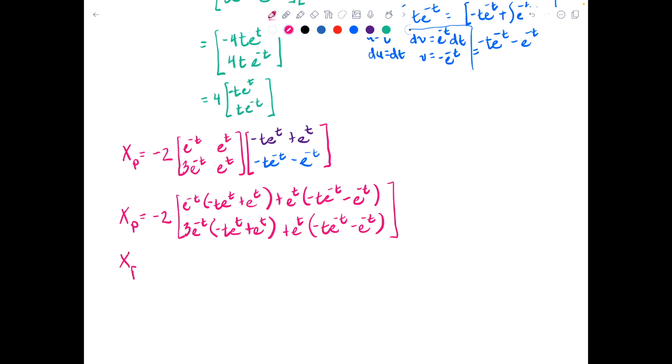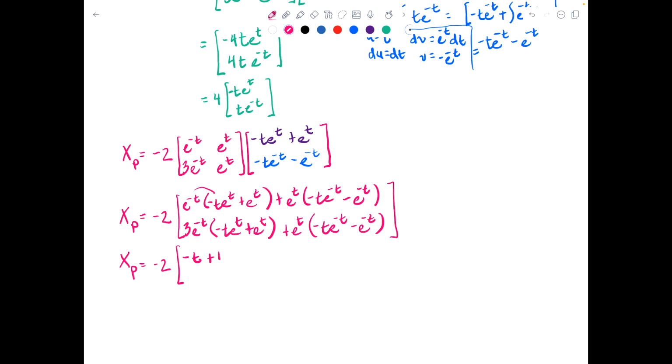Continuing the multiplication, we'll have negative 2 times. So notice that multiplying through the first one, the e to the negative t, all the e's will go away. So we're going to end up with negative t plus 1.